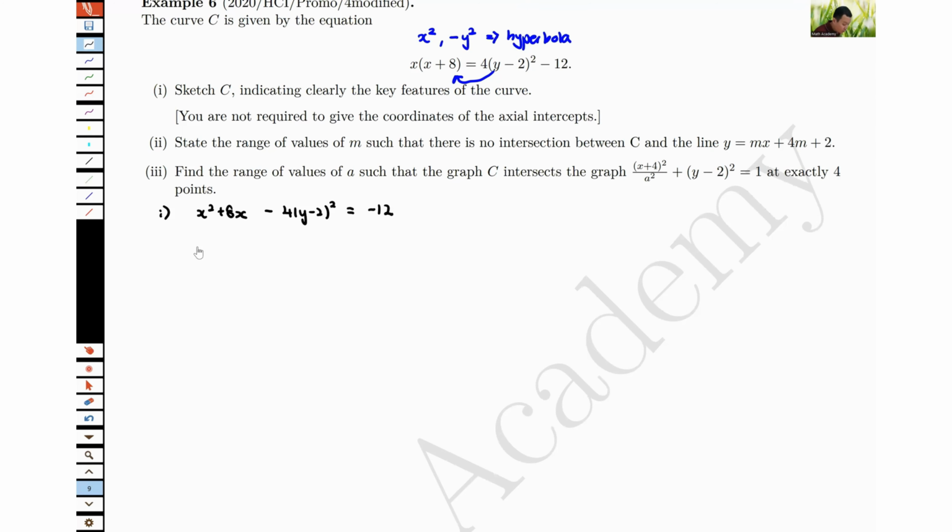Okay, we go for completing the square here. This constant negative 16 that's created, we move across to the right.